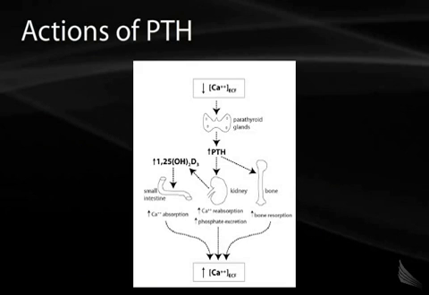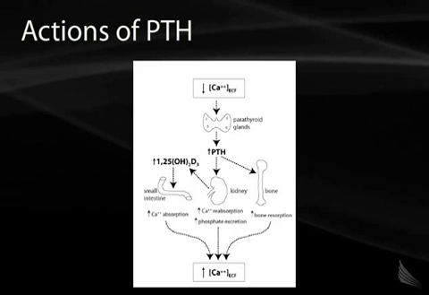To review, decreased calcium is a stimulus for PTH. PTH activity is all directed toward increasing serum calcium. It does this in three different ways. One is the direct stimulation of renal calcium reabsorption. Two is the stimulation of calcium release from bone.